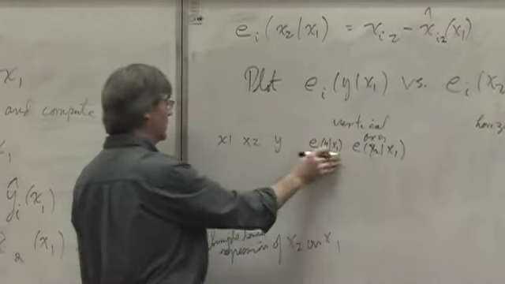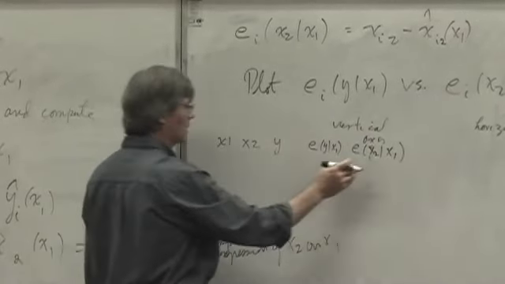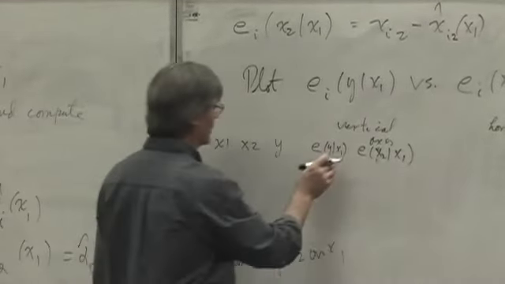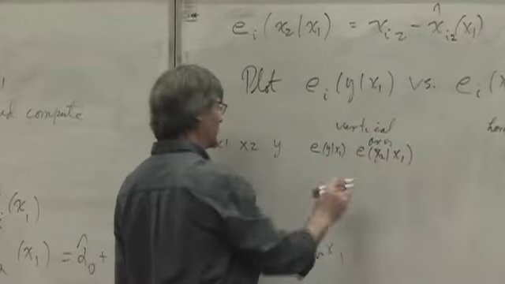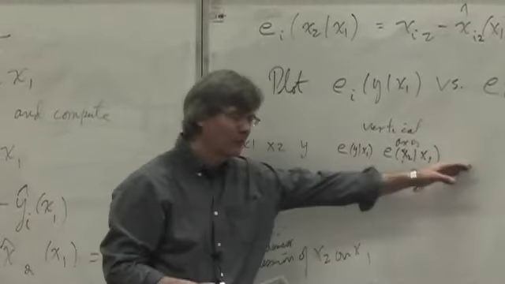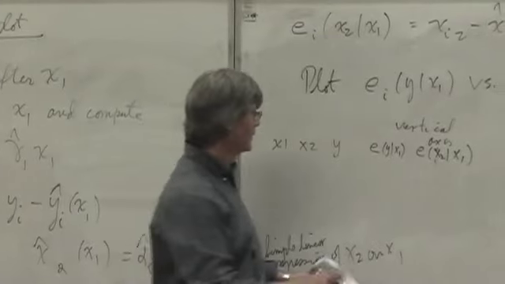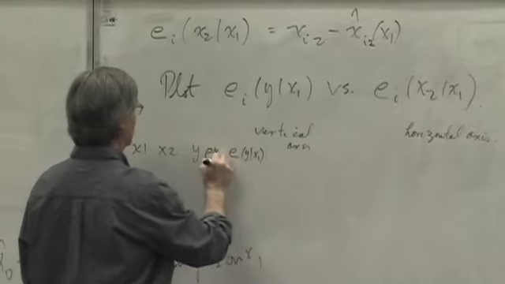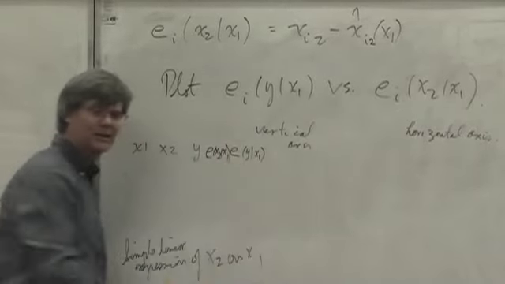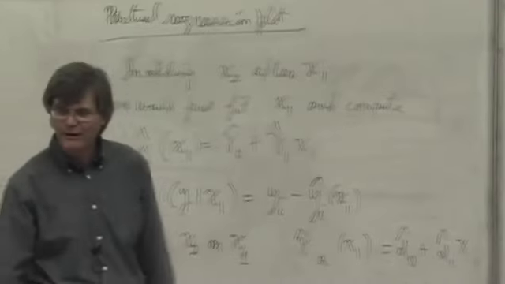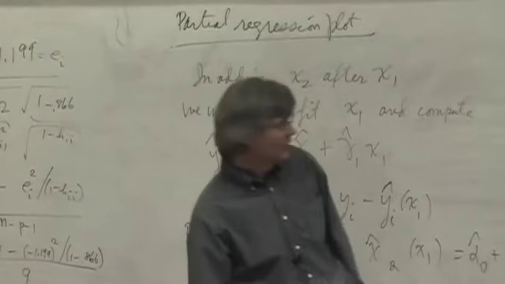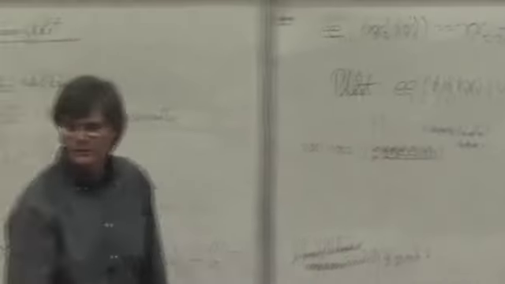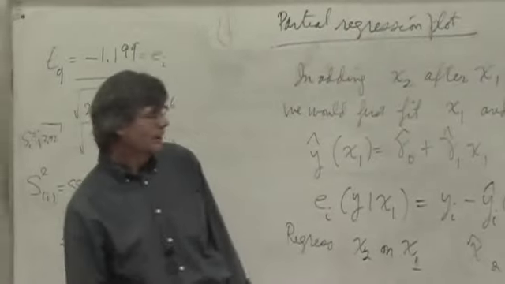I want them interchanged to get this set up right, because it's x and then y on your xy scatter plot. So I should do the x2 on x1 first if I'm using Excel. Whatever, you just get the residual columns. You're going to have to move them, cut and paste them anyway, since they come out in these outputs. Then you just do the scatter plot of these two columns. There's the partial regression plot.